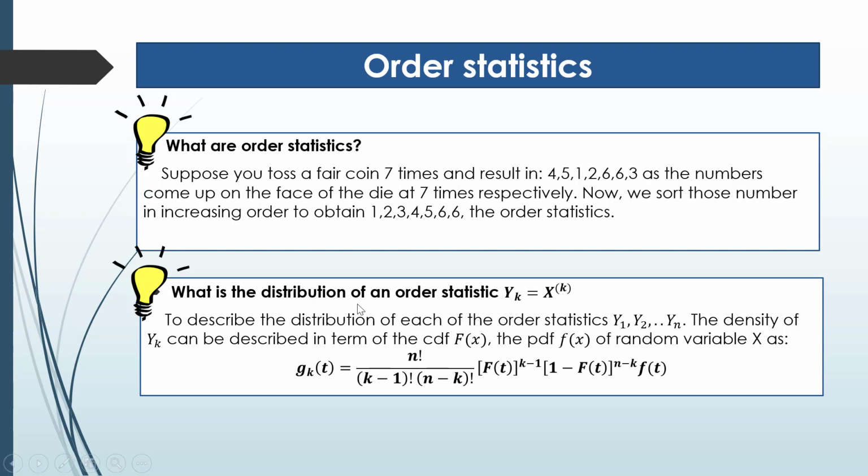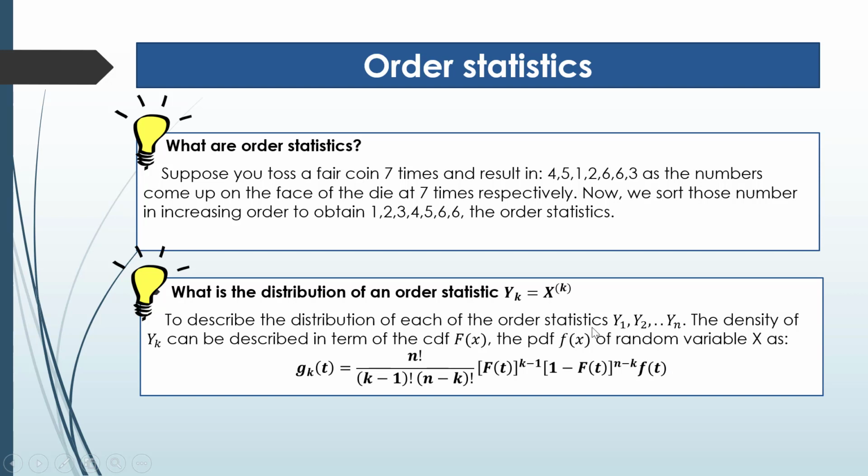To describe the distribution of each of the order statistics y1, y2 to yn of the set of numbers x1 to xn, the density of yk can be described in terms of the CDF capital F of x and the PDF f of x of the random variable X. Gk of t is n factorial over k minus 1 factorial times n minus k factorial, times capital F of t to the k minus 1, times 1 minus capital F of t to the n minus k, times f of t.